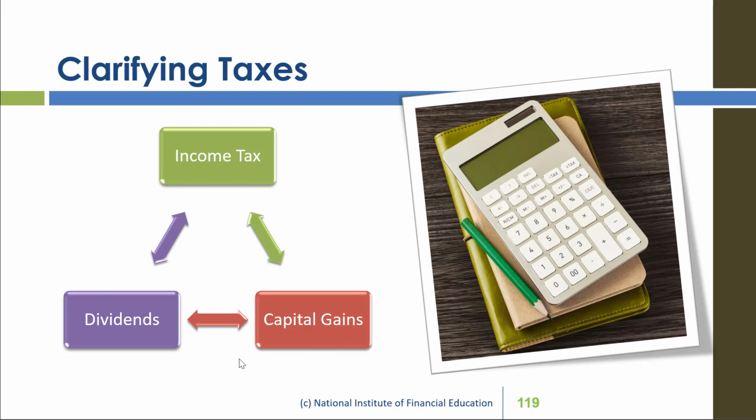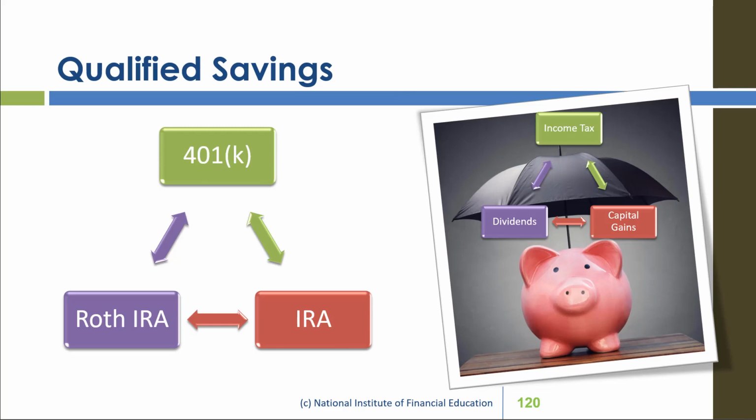And when you understand the friction and the load that taxes have on investing, you realize why qualified savings plans are so important to understand. That 401k, IRA, and Roth IRA are the only kind of free lunches where the government has said, we will take away the burden and the friction of taxation and allow you to earn that interest on a tax-free basis.